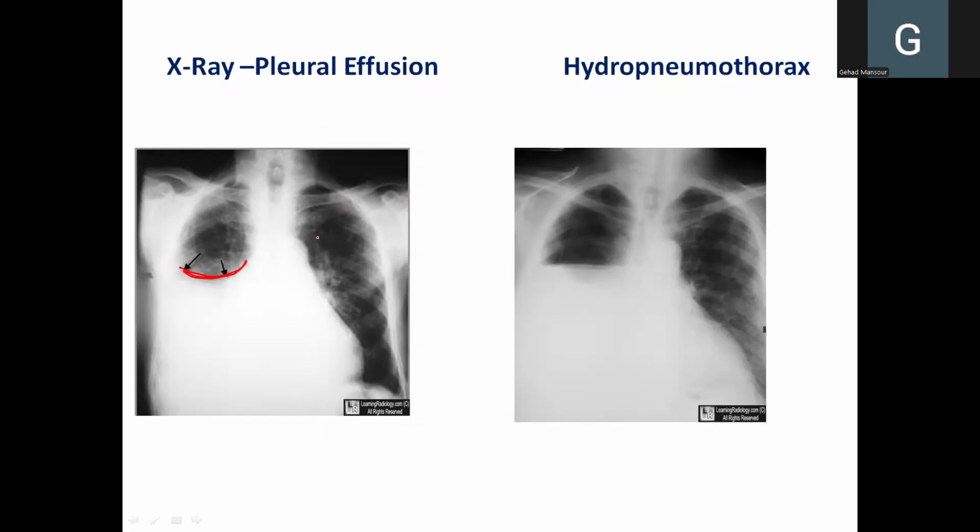And here you can see the pleural effusion. This is of course the silhouette of the heart. This is the middle line, and you can see the pleural fluid that surrounds the lung.